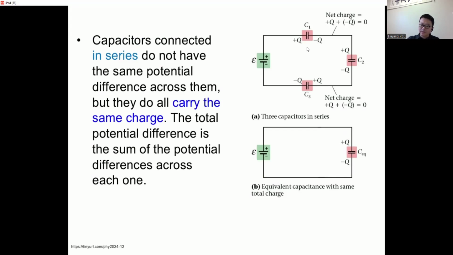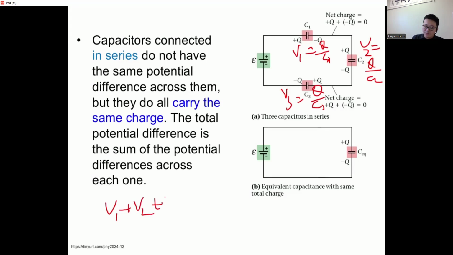That should be equal to Q over C1. And then on this one, V2 is going to be equal to Q over C2. On this guy, V3 is going to be Q over C3. But they are one after another, so the voltages V1, V2, V3 should add up to be the total voltage. Okay, so V1 plus V2 plus V3 should be equal to the total voltage of the battery.